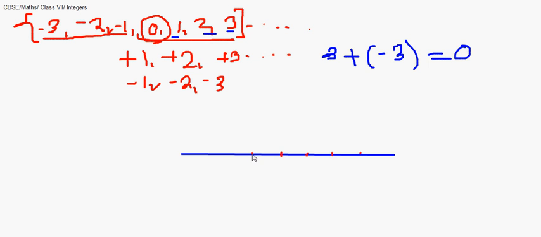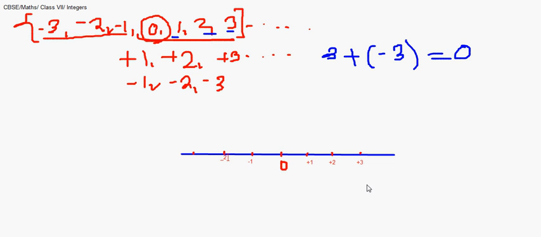I got a 0 here, and on the right of the 0, I will be writing all the positive integers. That means it starts with +1, +2, and then goes on to +3 and so on. On the left, it is all the negative of all the natural numbers.